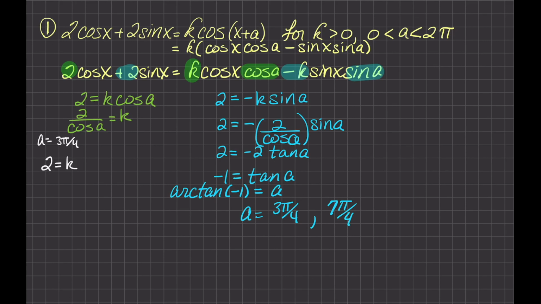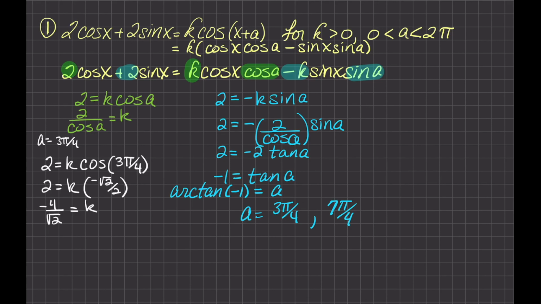The cosine of 3 pi over 4 is negative square root of 2 over 2. When I multiply both sides by the reciprocal, I have negative 4 over the square root of 2, which is equal to k.